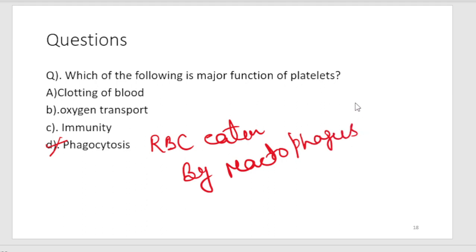This is called phagocytosis. This happens in the spleen. Your question is what is the major function of platelets? This is the clotting of the blood, because platelets disintegrate and give rise to thromboplastin, which is utilized in blood clotting.